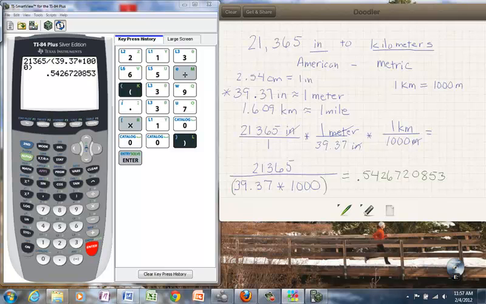So let's go back and see what our numbers had in the beginning. 21,365 has 5 significant digits, so I could round this off to 5 significant digits. Now a better answer would be rounded off to 4 significant digits, because my conversion fact was an approximate number.